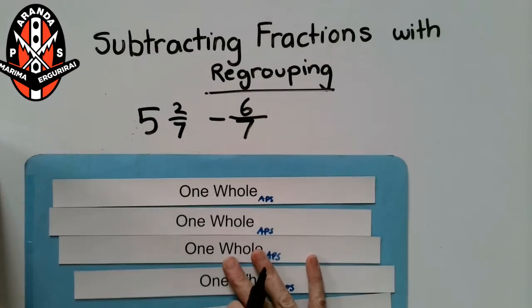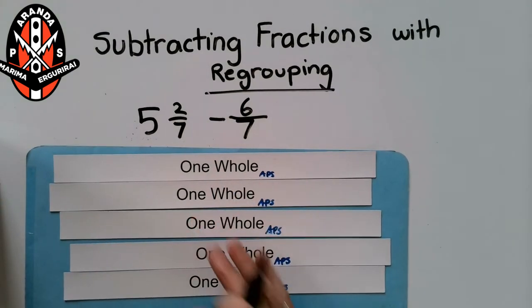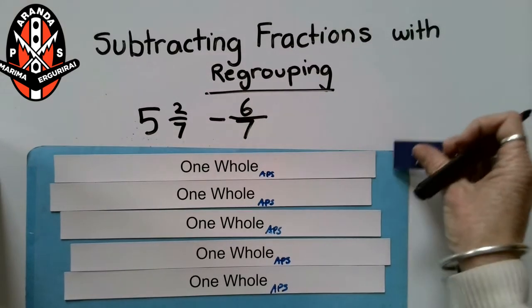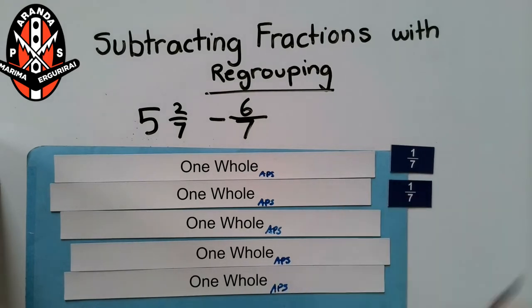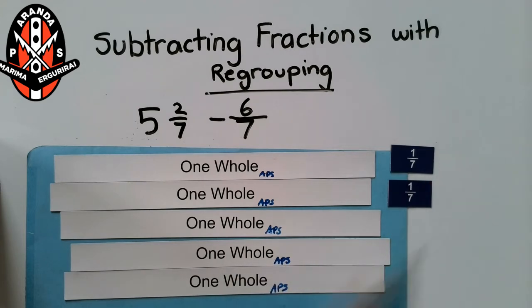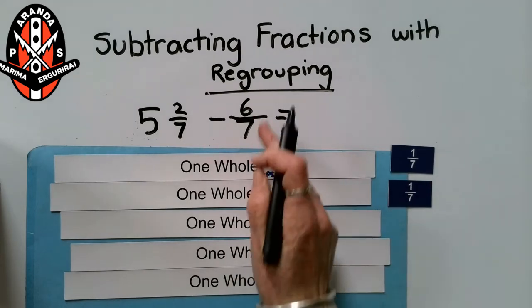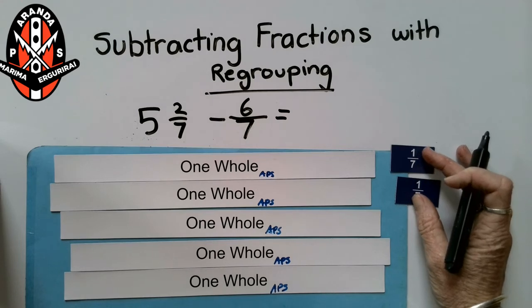Okay, so here's my 5 wholes. Put them up a bit higher. All right, and here's my 2/7. So I have 5 wholes and 2/7. Now I need to take away 6/7. At the moment, there's only 2 there to take away, so I can't do that.